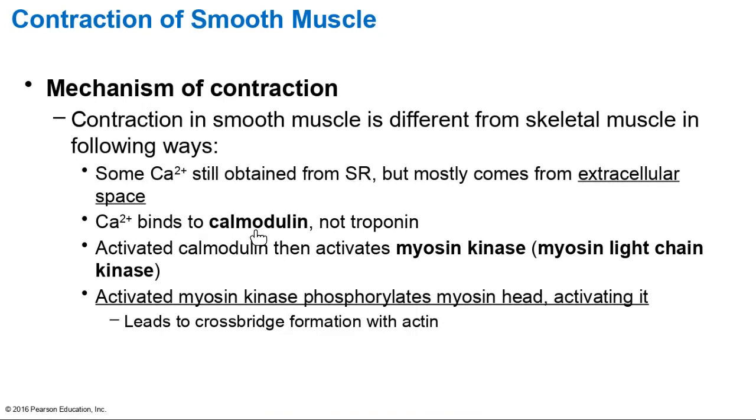That will activate calmodulin. And then that calmodulin will activate a kinase called myosin light chain kinase. And this kinase then will remove a phosphate from ATP and add it to the myosin head, which allows this myosin head to lift upwards and be able to form a cross bridge with actin.